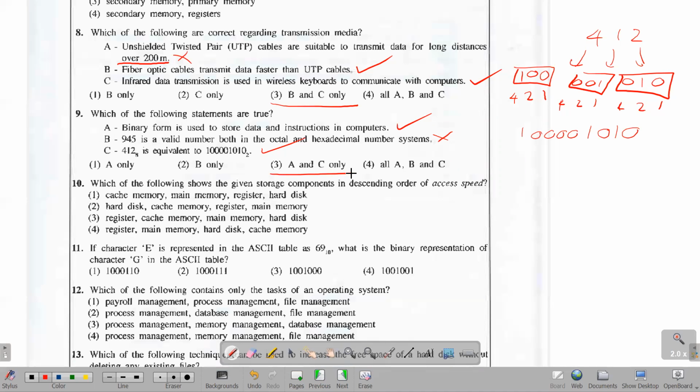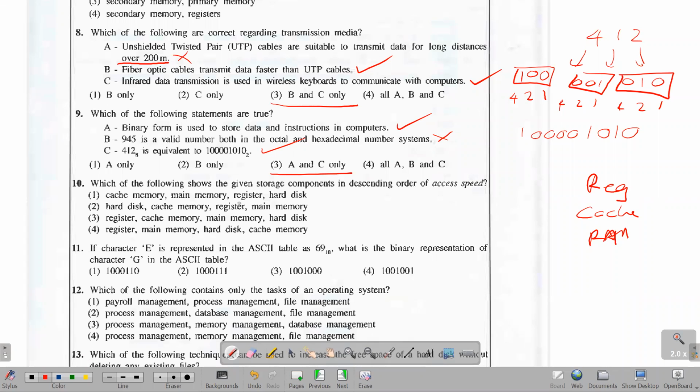The shortest access time is for the registers, and the longest access time is for the hard disk or the secondary storage, right? So if you take the memory hierarchy, registers are there, cache memory are there, RAM are there, right? So you'll see, right? The cache memory, main memory, register, hard disk, it says.